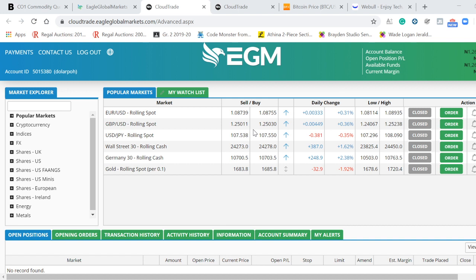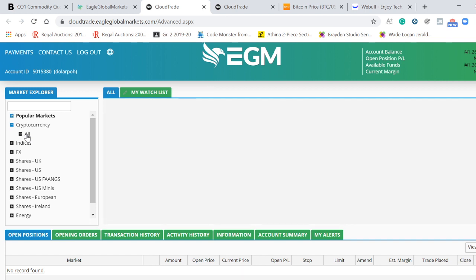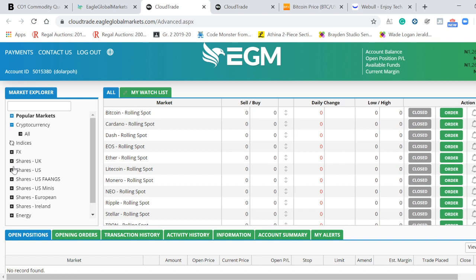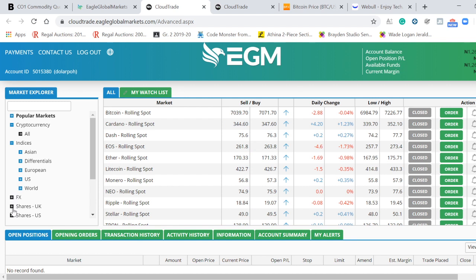This is what your account looks like when you are subscribed and when you have a live account. It gives you the ability to invest in different types of currencies and different types of cryptocurrencies. Pretty much most of the cryptocurrencies are listed here for those who want to buy them. If you want to buy equities or stocks in different markets, like let's imagine you want to buy Tesla and the likes, you can buy that here as well. You have shares, US shares rather.